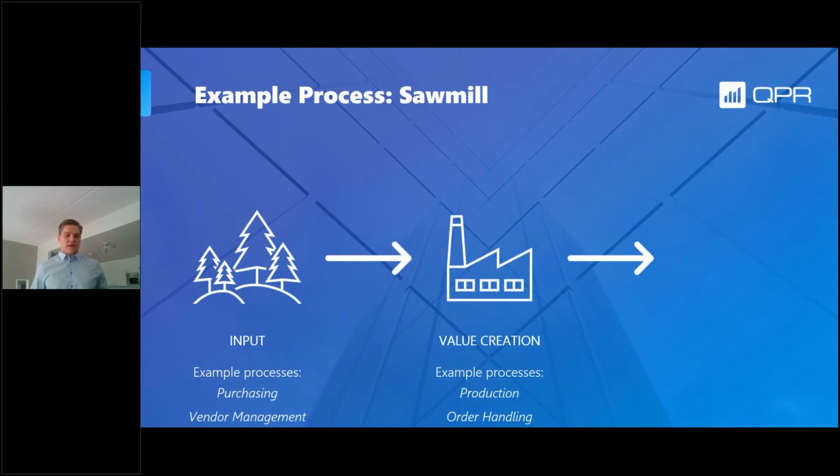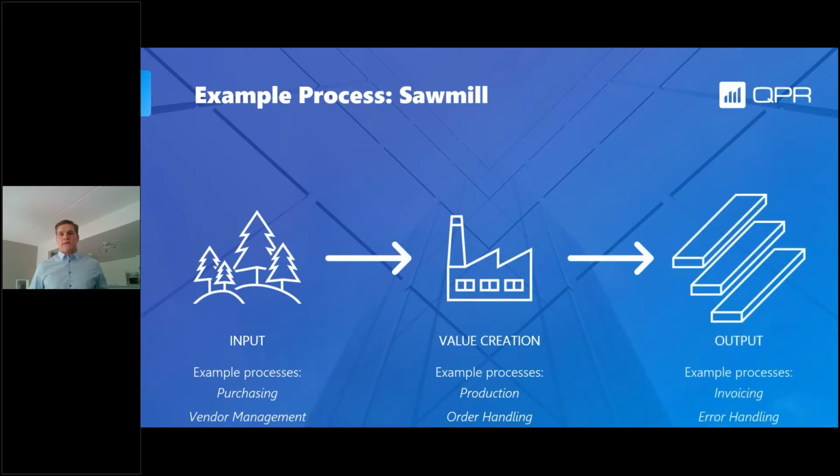As an output, you would have planks just as the customer expects and pays for, the correct size and the correct type of wood. Then some processes along with that would be invoicing or error handling. Invoicing means that you actually get the cash from your customers so that you can again do your business.